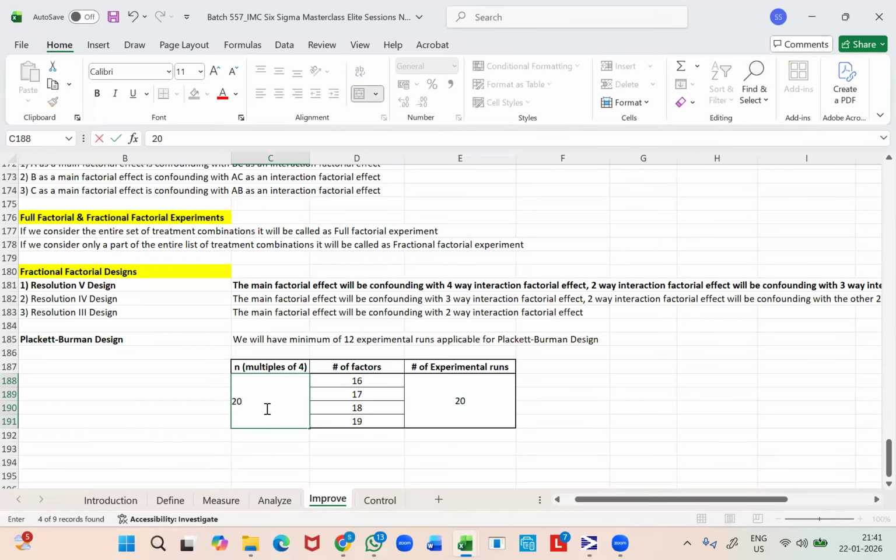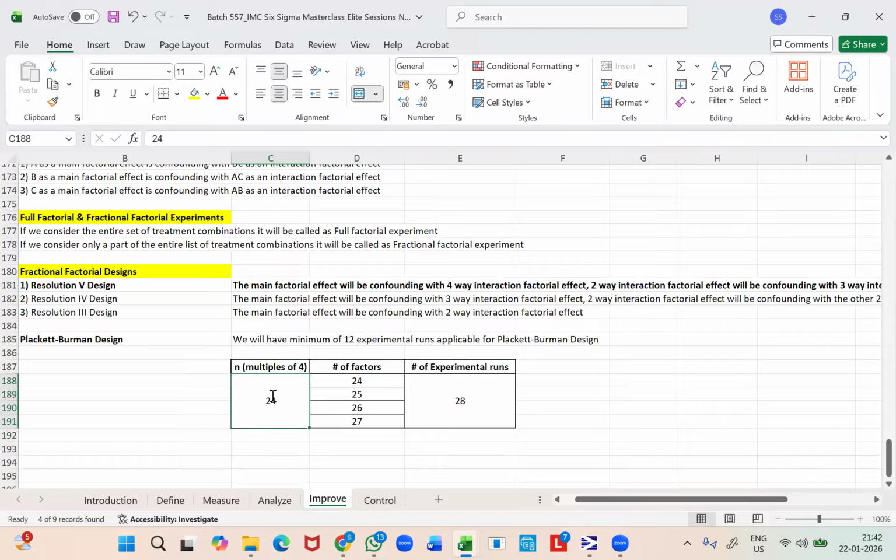Suppose we have 20 as the n value. So for 20, 21, 22, 23 as the number of factors, we will have 24 experimental runs. And for 24 as the n value, for the number of factors 24, 25, 26, and 27, we will have 28 experimental runs.